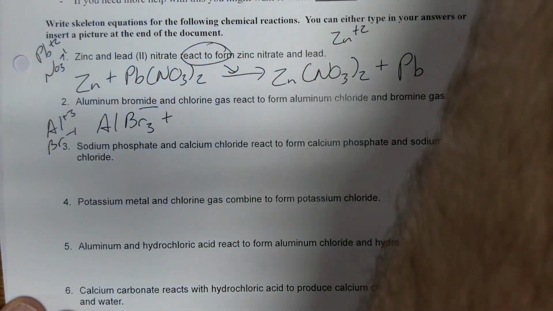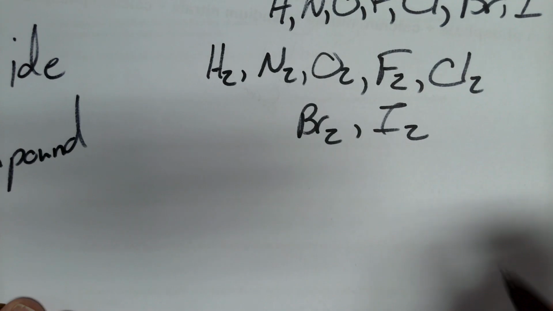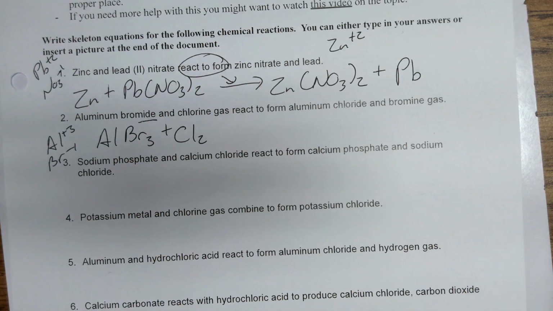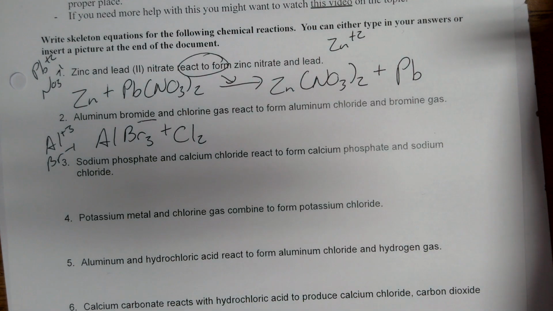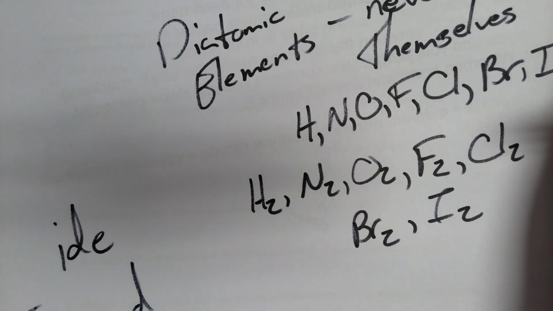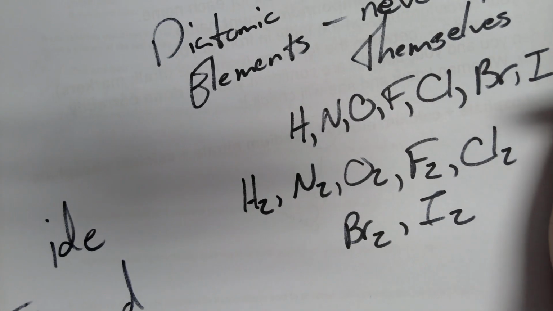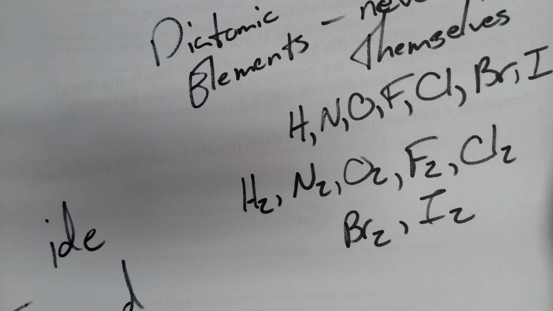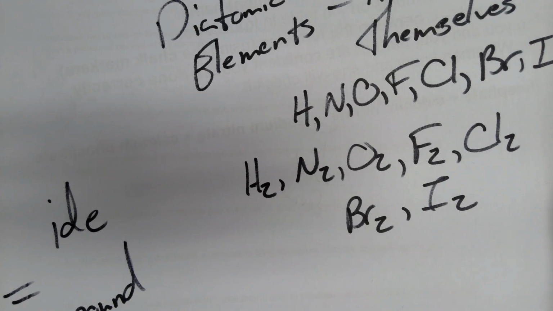I gave you chlorine gas from the beginning: Cl2. If it's by itself, my 7 diatomic elements are never by themselves. They're always found with another copy of that same element. Hydrogen in the real world is not found as just H. Hydrogen gas is always H2.